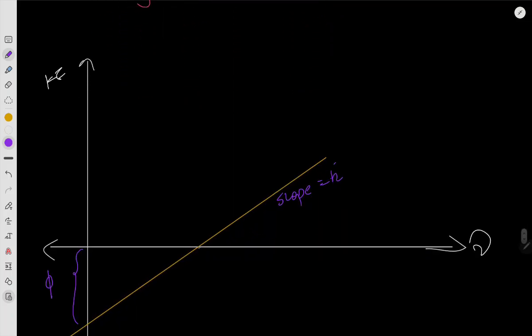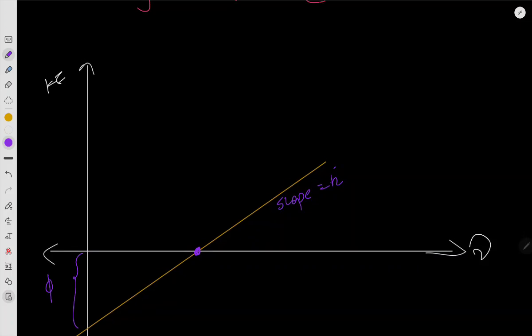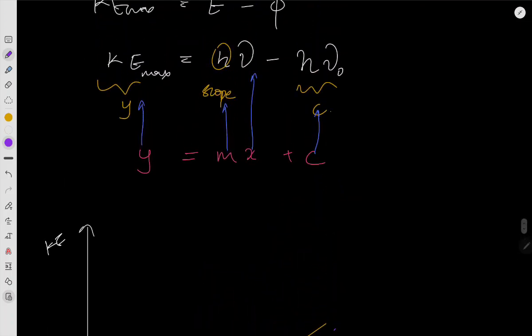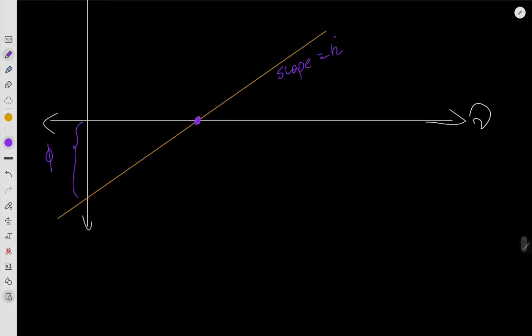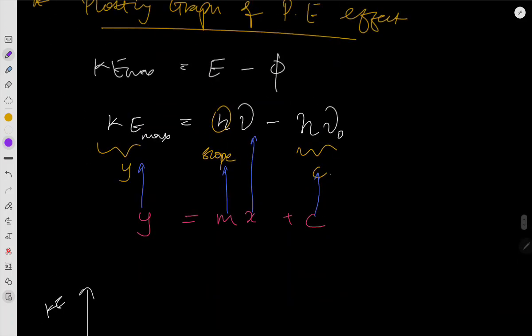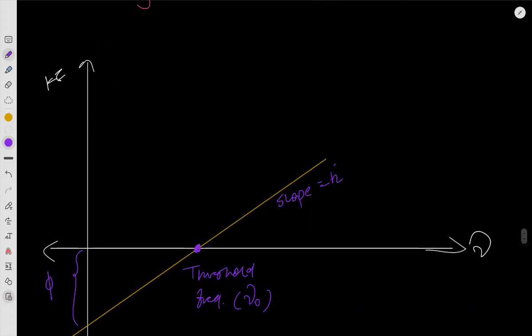And if we see the x-intercept, where y becomes 0, so kinetic energy max becomes 0, so hν0 is equal to hν, and that is the condition for threshold frequency, that is ν0. And that's there. So this is the graph.